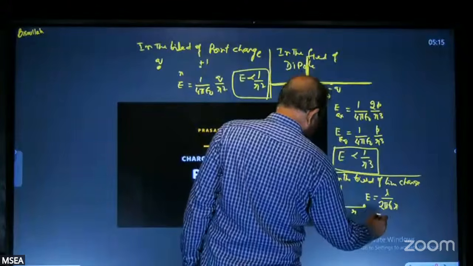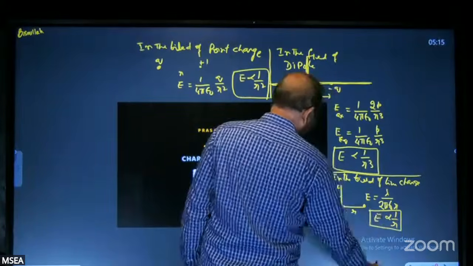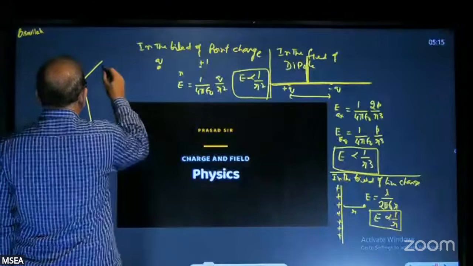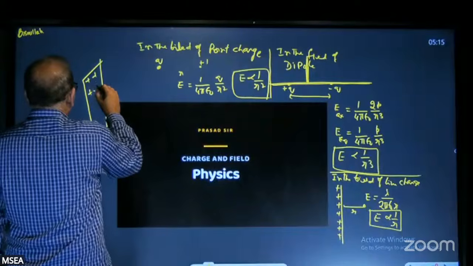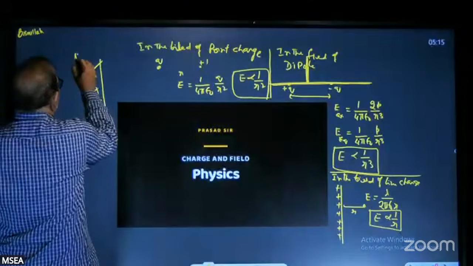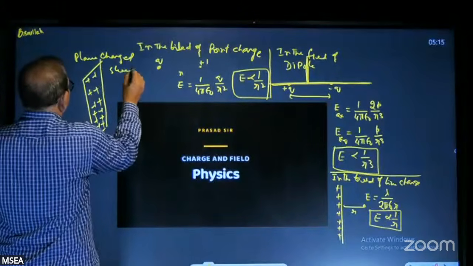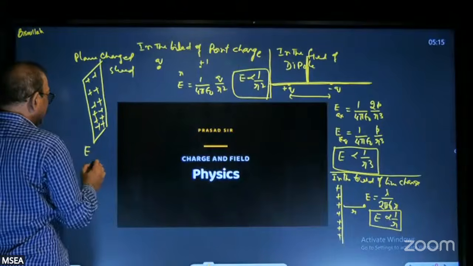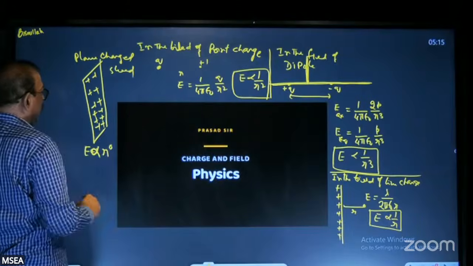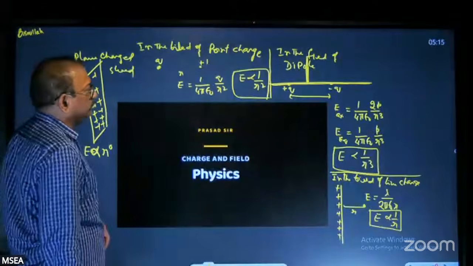So in the field of a line charge, intensity is inversely proportional to r. And in the field of a plane charged sheet, intensity is independent of r. Intensity is proportional to r power 0, I'm writing. Intensity is independent of the distance of the given point in this field.